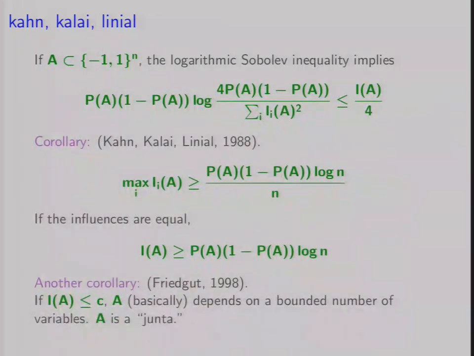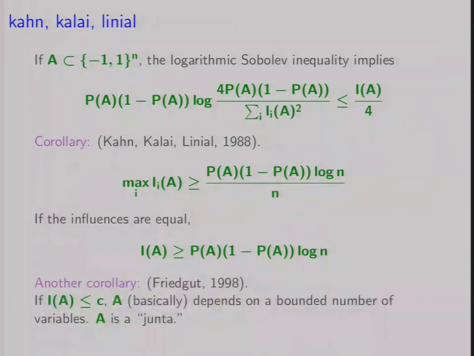And you can also prove the converse, which says that if the influence is small, let's say smaller than a constant, then, well, this follows from here, the voting system is determined by a few guys. There's a junta. Sets that only depend on a small number of variables are called a junta in this literature.